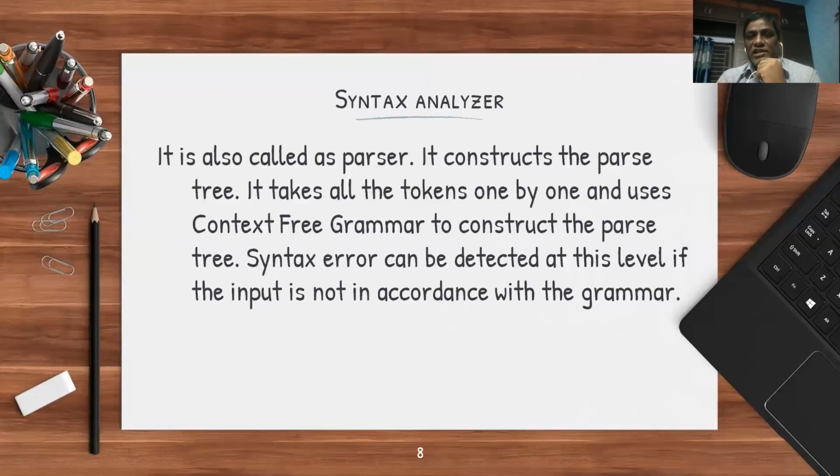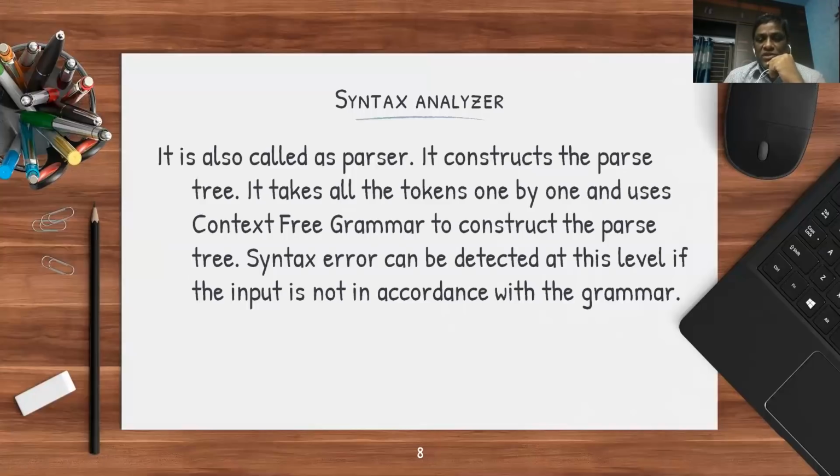Therefore, it is the responsibility of the syntax analyzer to check whether the tokens are syntactically written or not. Okay. For this purpose, it constructs a parse tree and then checks whether that parse tree is syntactically correct or not.